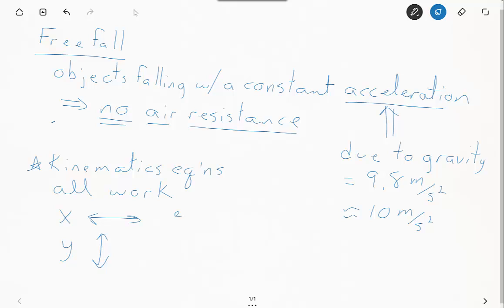So for example, if we want to talk about the equation x equals v naught t plus 1/2 a t squared, instead of thinking about it as an x distance or displacement, we now want to talk about it as y equals v naught t plus 1/2 a t squared.